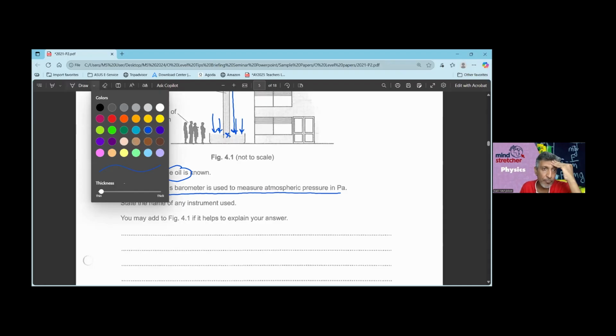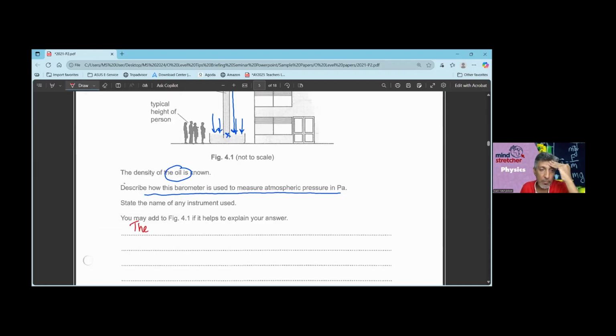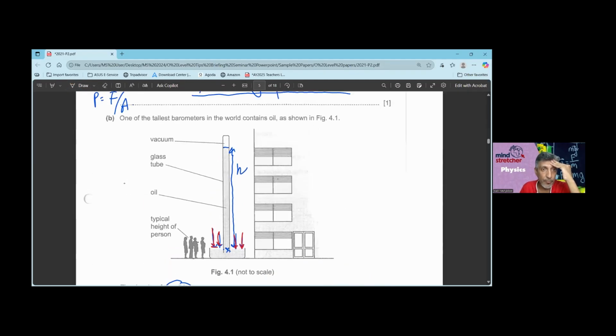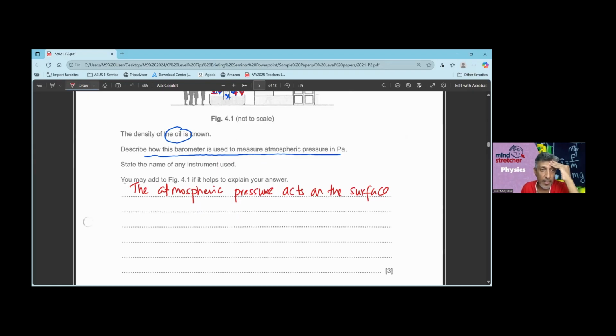So basically, you can say that the atmospheric pressure, the air pressure that all of us experience now, exerts pressure X on the surface of the oil in the container.